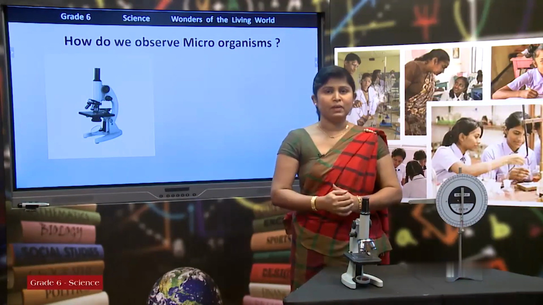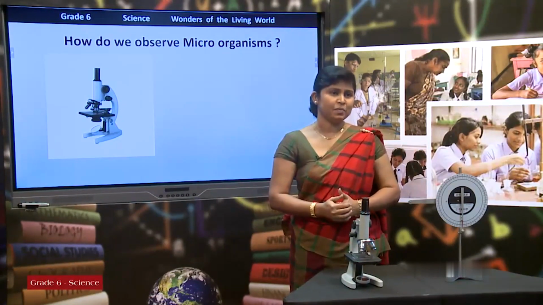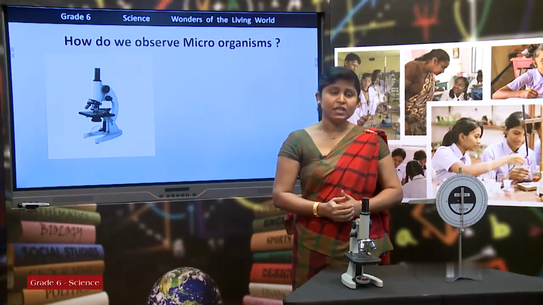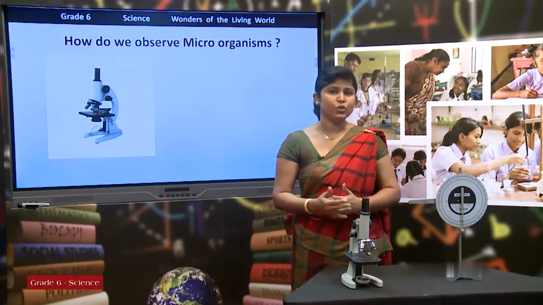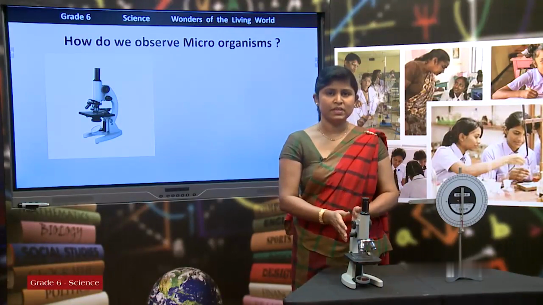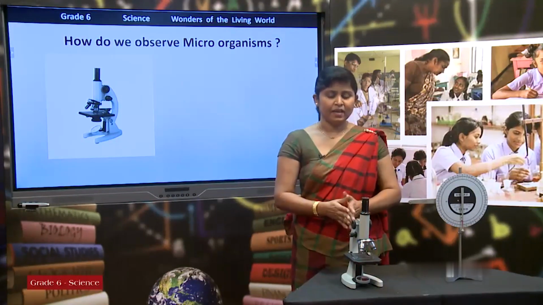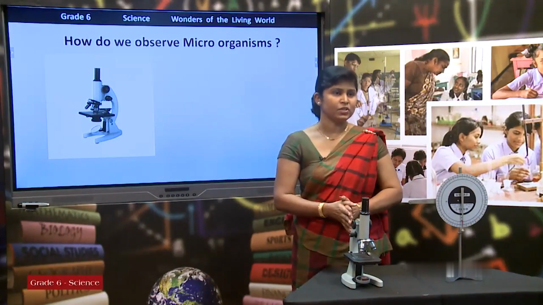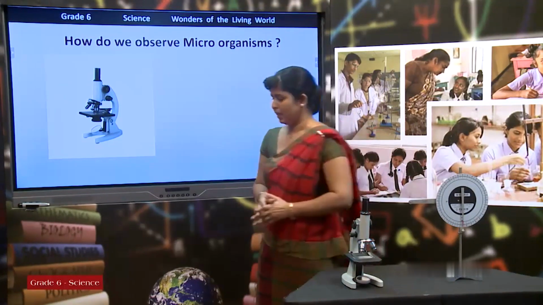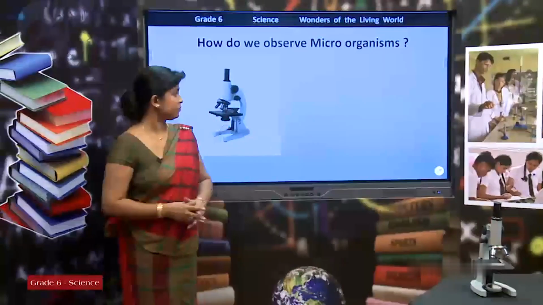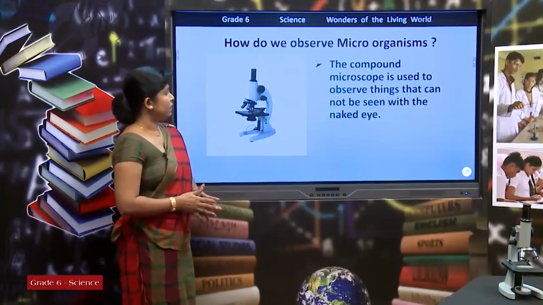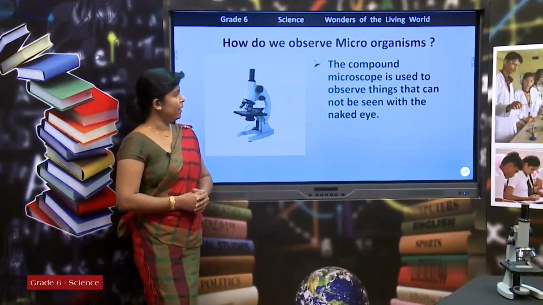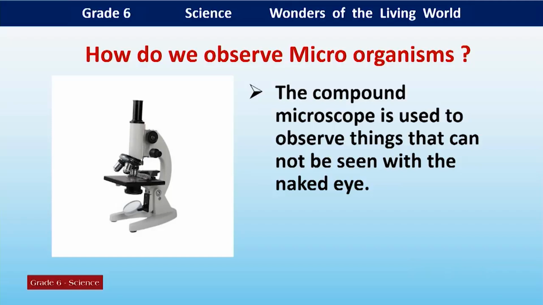If you were with me, I could have done some experiments with you. In the school, your teacher will show you some microorganisms using this light microscope. At this moment, you have to identify the light microscope. That's enough. The compound microscope is used to observe things that cannot be seen with the naked eye.